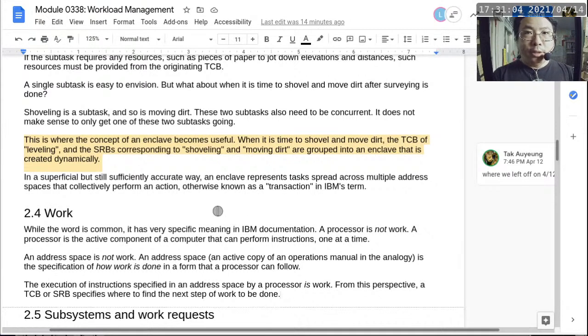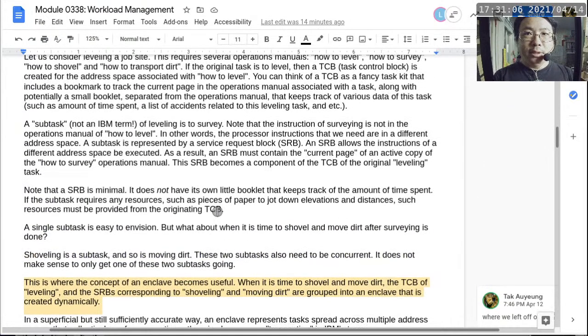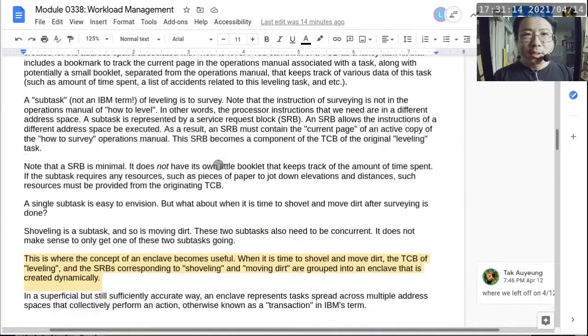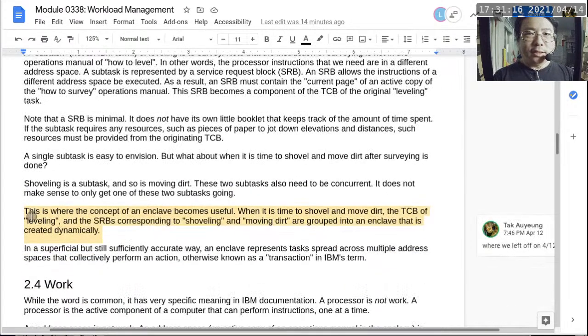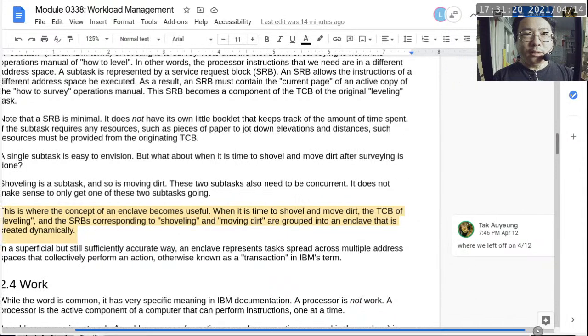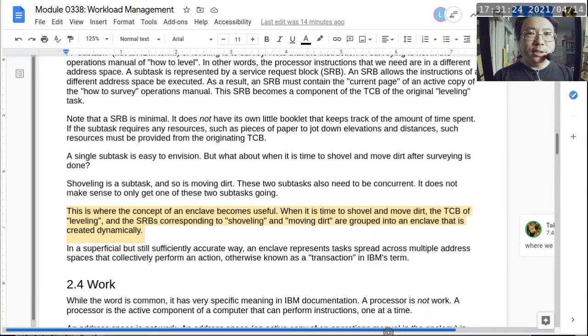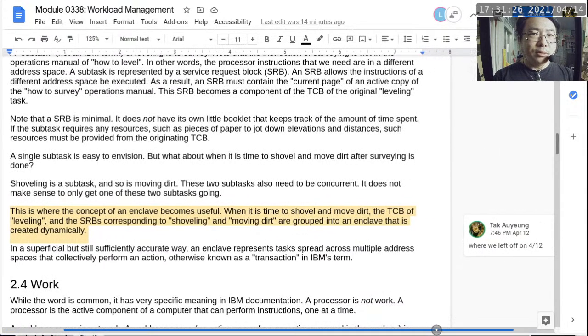All right. So we are getting back to the technical discussion of enclave, TCB, and SRBs. I was just using that example to illustrate this bookmark here, where I left off from last time. That's kind of what a TCB or SRB is doing.